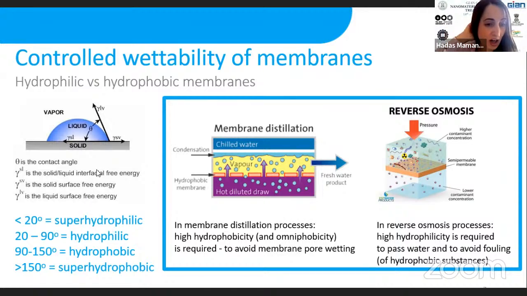If we have a larger degree, it means that it's hydrophobic, and above 150 degrees, it's super hydrophobic. When do we need super hydrophilic characteristics versus super hydrophobic characteristics? So for example, with reverse osmosis membranes, we want high hydrophilicity in order to allow the water to pass through the membrane and avoid the fouling. So with RO, we want to have super hydrophilicity, okay?